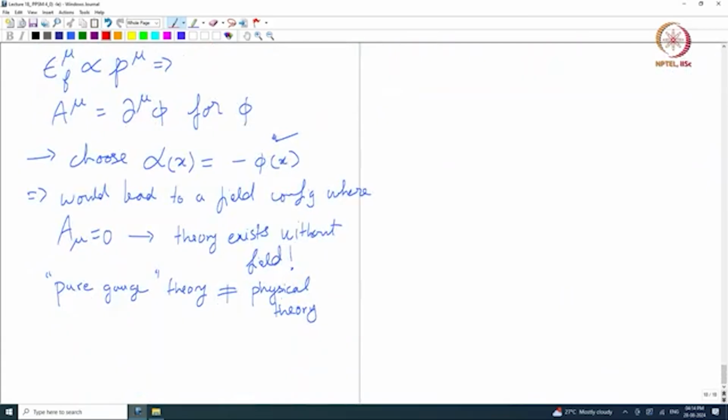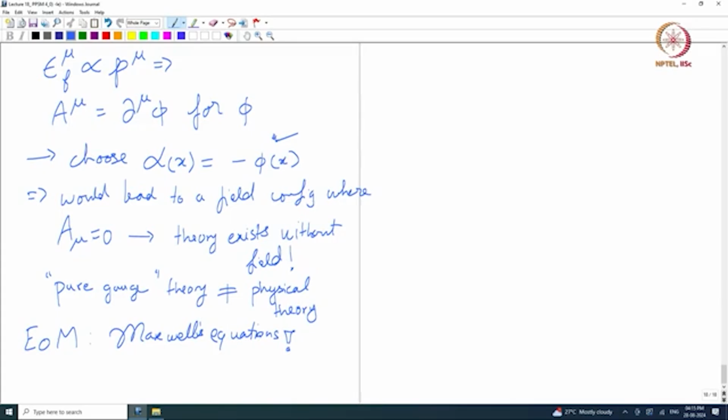Okay, excellent. Now, what is the equation of motion for this? This is nothing but Maxwell's equations. Agreed? This is exactly what we are describing now with covariant tensors.